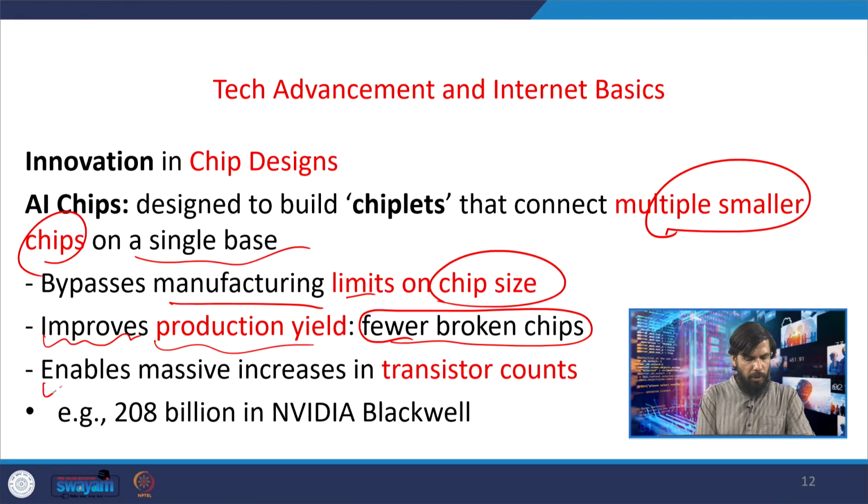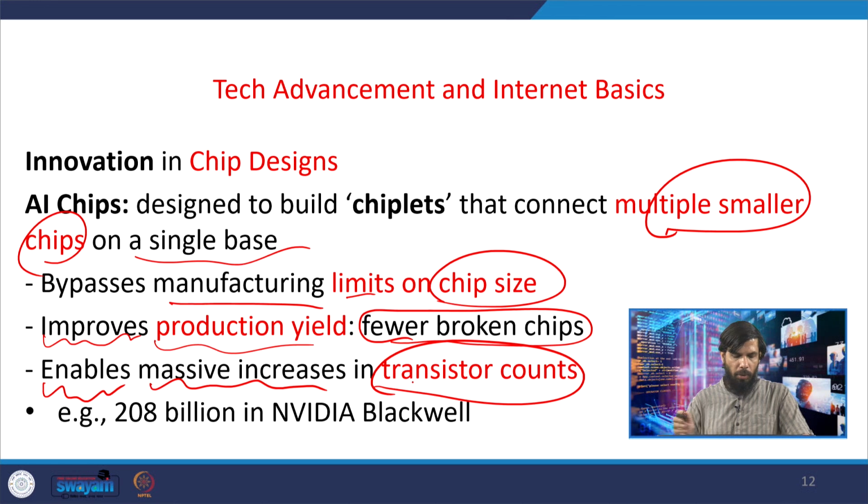Now what else? It enables massive increases in transistor counts. Because we are connecting multiple smaller chips, each of those chips has lots of transistors, and added together there would be a massive increase in the transistor counts.